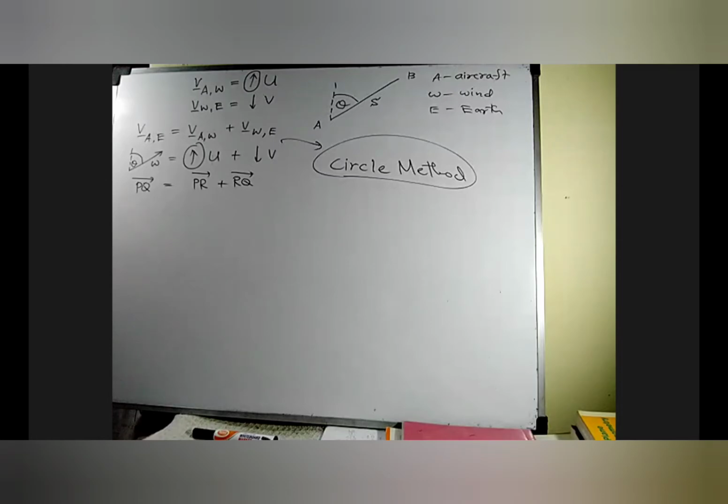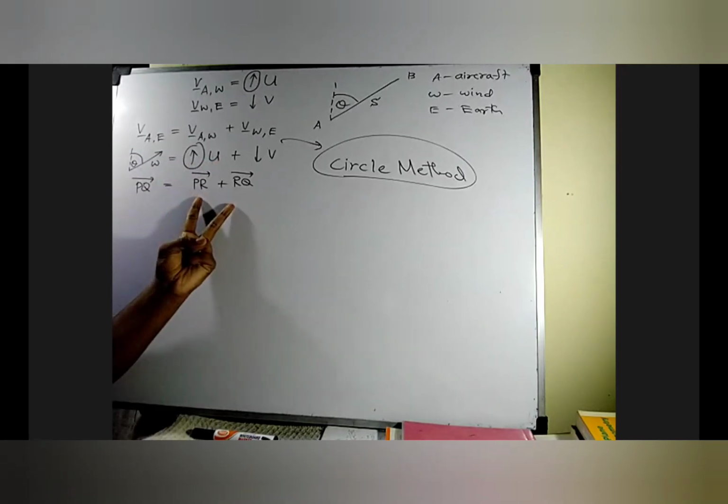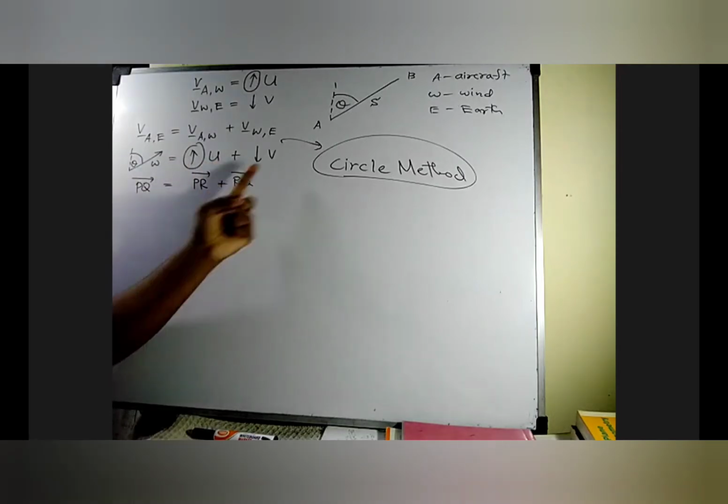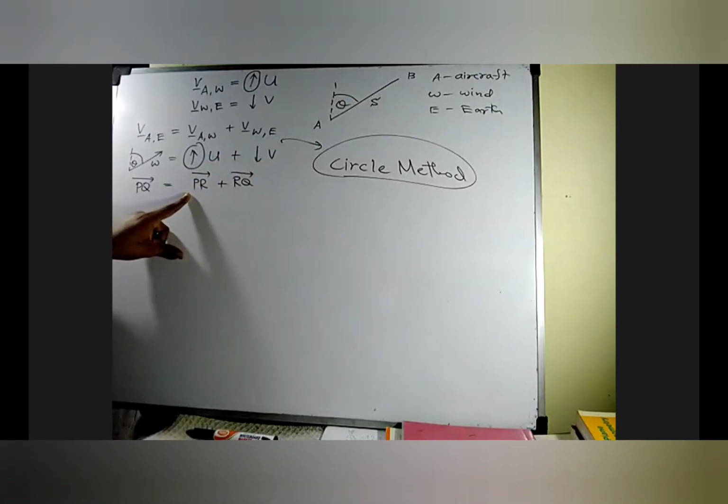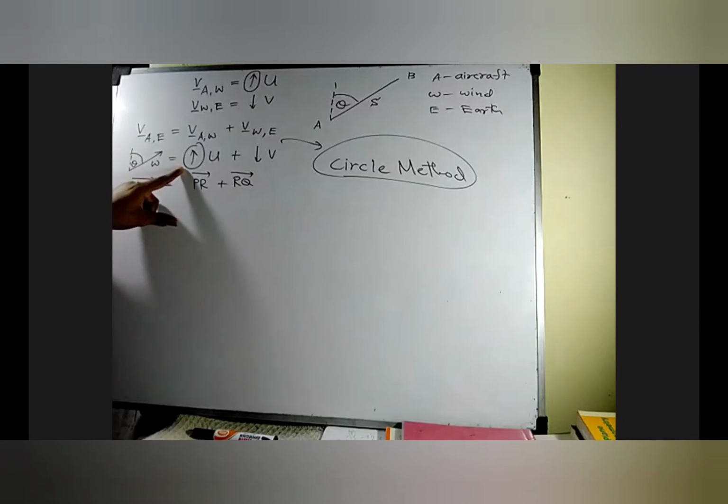This is the process. First we have to interchange. Now I'm going to begin the circle method. Listen carefully. The first step is to interchange these two vectors that represent these two velocities, because the first vector is PR, but here the direction of this velocity is unknown.